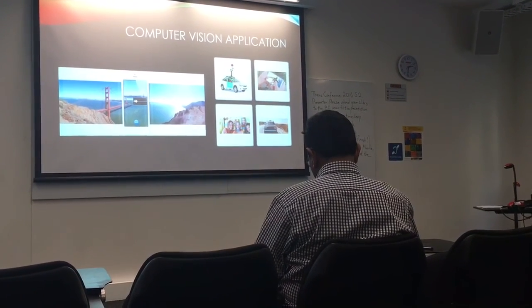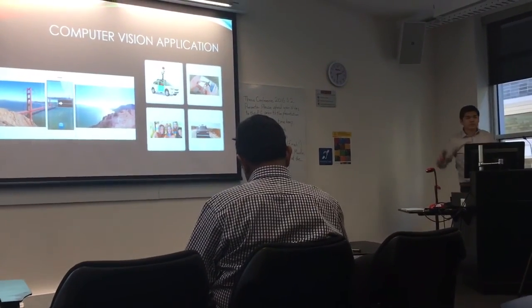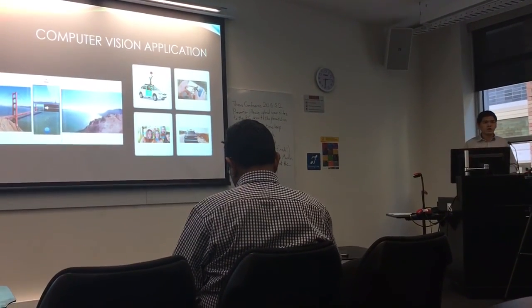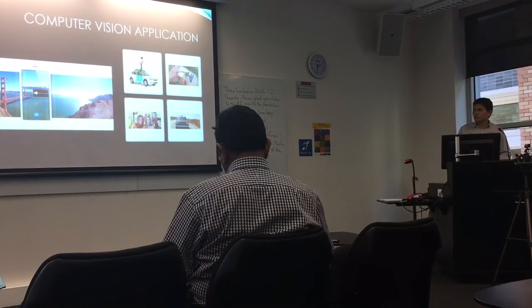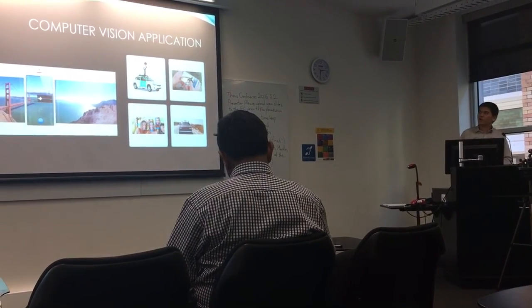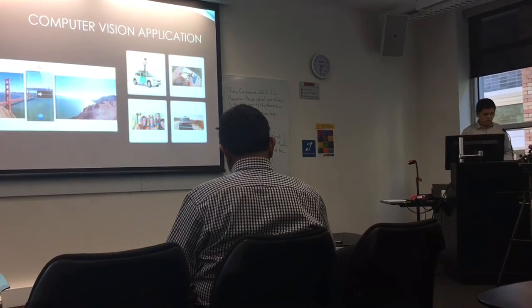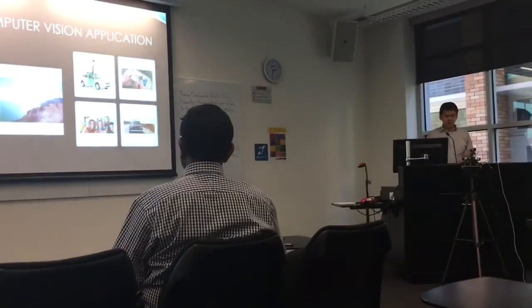Recently Facebook also released some 360 degree videos, but it requires a lot of hardware. So that's how cool computer vision is now, and it will have a lot of potential in the future.